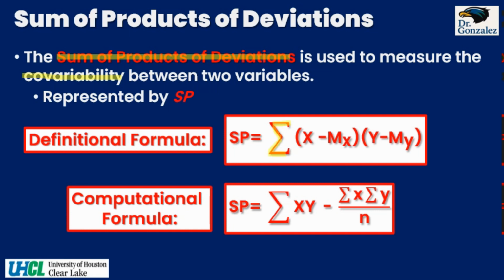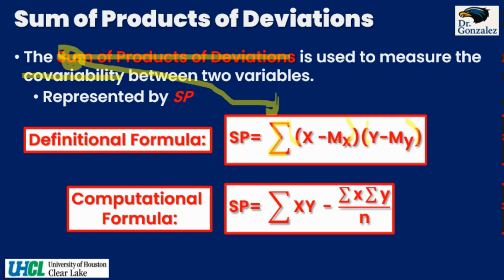So you see I have sum of products, there's my sum right there. What am I multiplying here? I'm multiplying, and that indicates products: x minus mean sub x times y minus mean sub y.